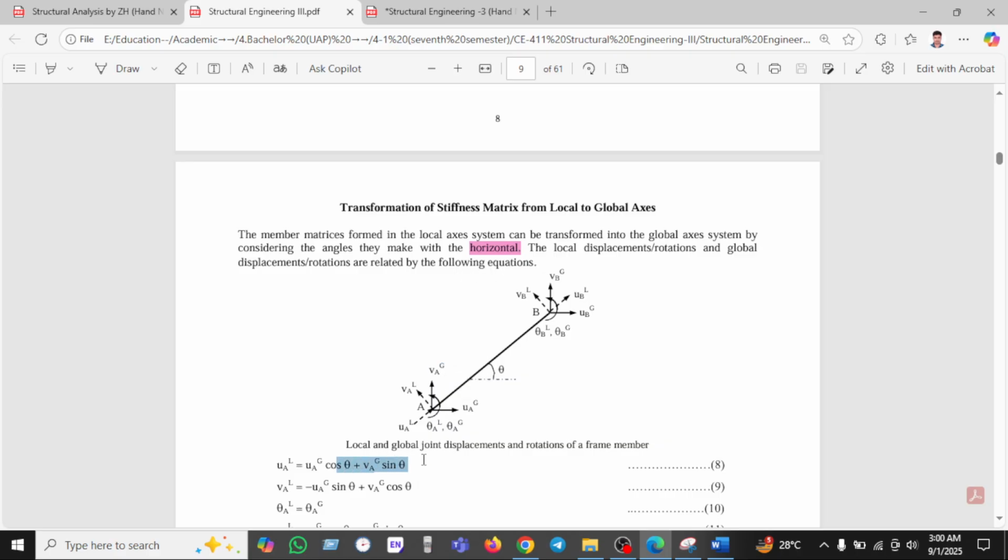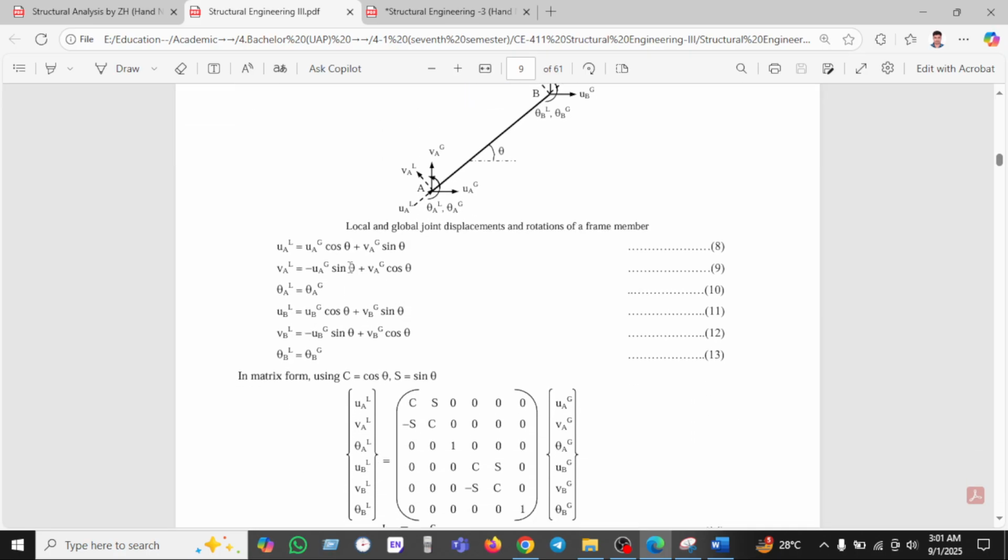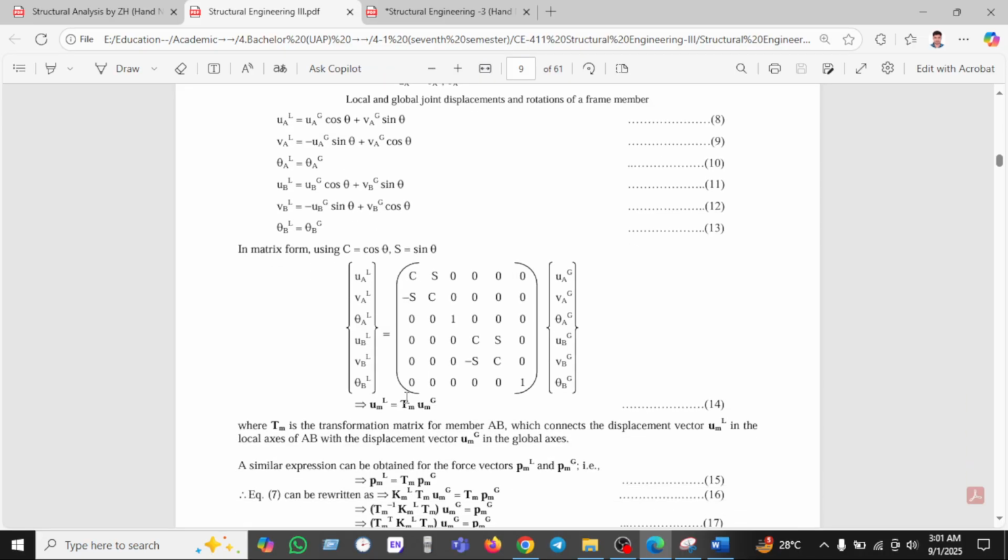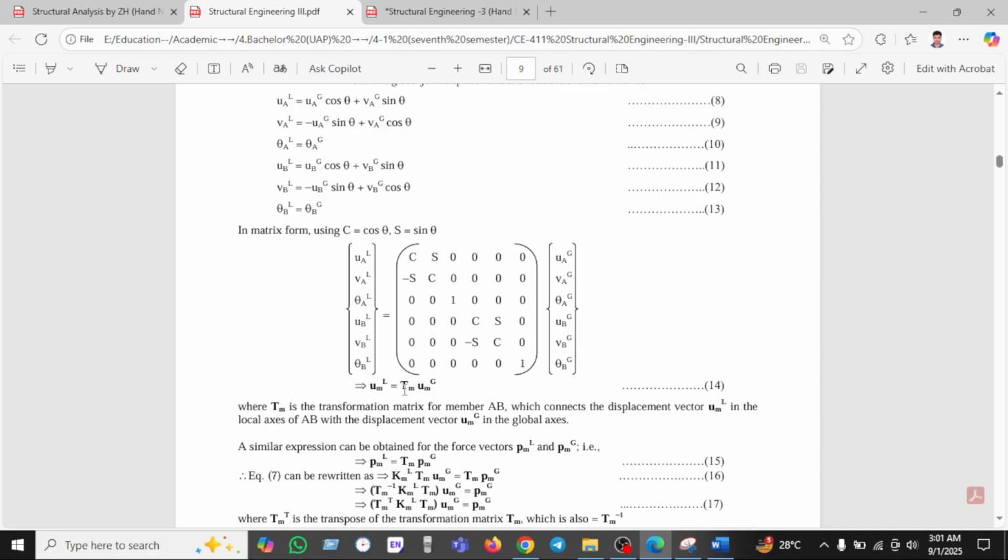So cos theta is the horizontal component, and VAG sin theta is the vertical component. Consequently, for V we have found minus UAG sin theta plus VAG cos theta, forming these equations.